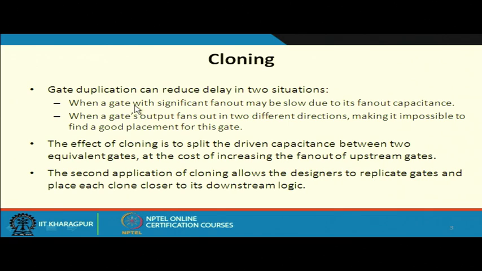First, when the gate fan out is large, we can split the total fan out between these two gates, so the fan out capacitance will become effectively less. Secondly, if the gate's output goes to two different regions or two different directions, you cannot find a good placement of this gate, because the outputs are going to two different corners of the chip.